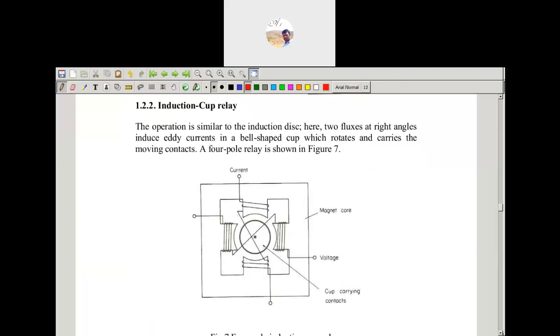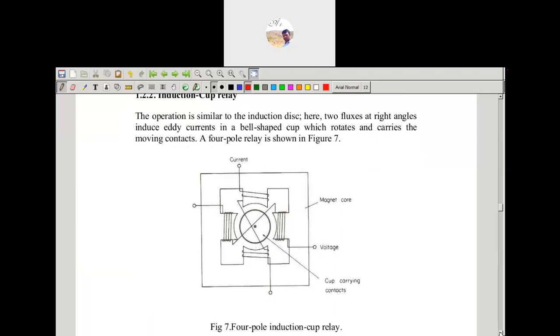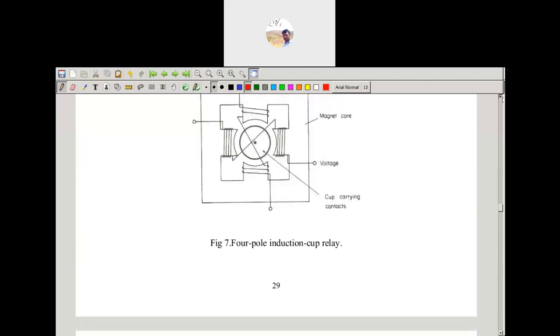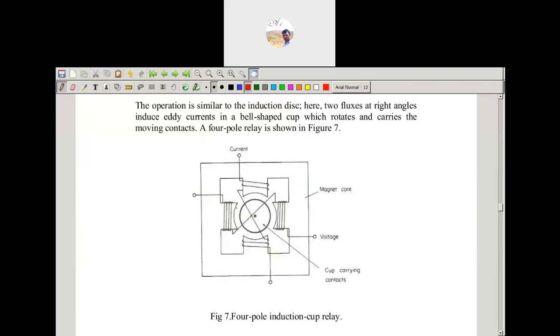Here the working is mainly that there are variations in the input currents. The eddy currents, mainly because of the variation in current and input voltage, are called the rotations, and that is connected to the circuit. Mainly here CTs and PTs are used.